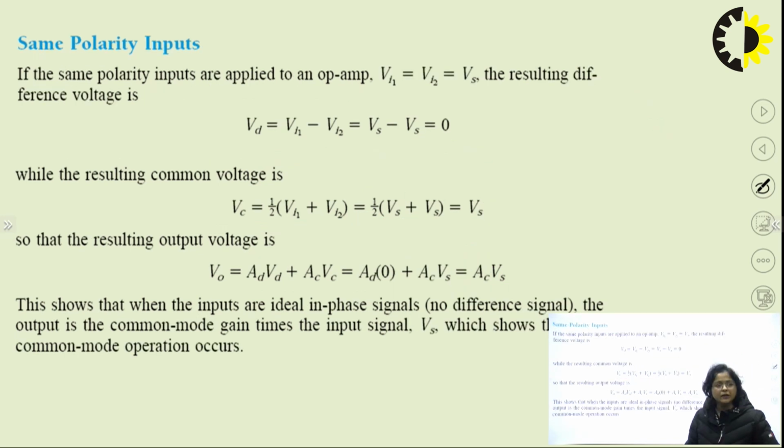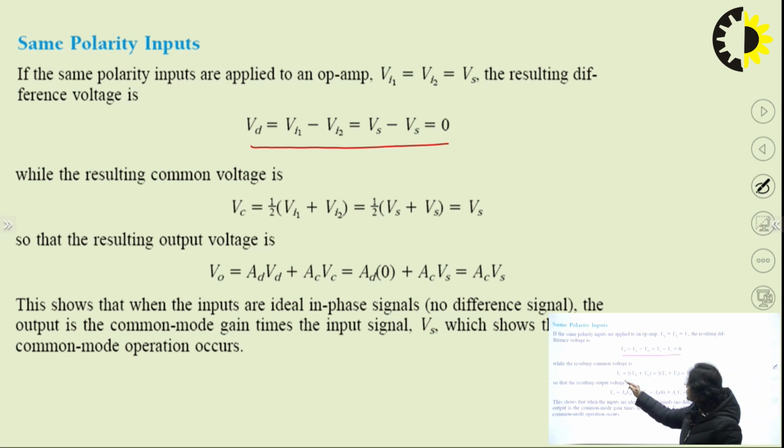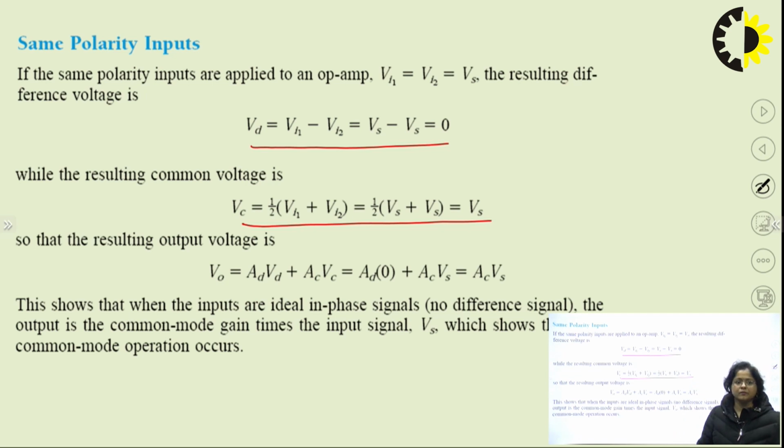Whereas when same polarity inputs are applied to the op-amp, the differential voltage VD equals 0, whereas the common mode voltage is Vs, generating output AC into Vs. So this shows that when the same input is applied to both terminals, that is a common mode or in-phase signal, the output is the common mode gain multiplied by the input signal.